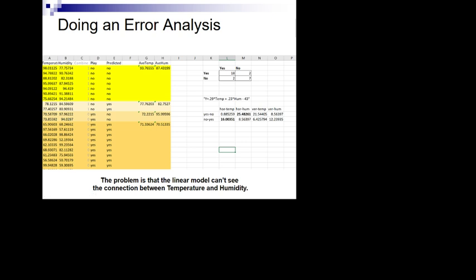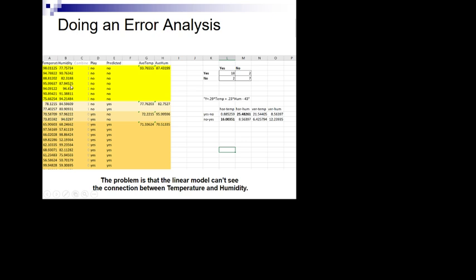Well, those instances that have high humidity values are mostly up here in the set that are no and predicted as no. But if you look at their temperature value, those are also high. And if you look at the temperature values here, they're low. And so what makes these not like those ones is the fact that temperature is low. And so what that tells us is that the high humidity values here are ambiguous.